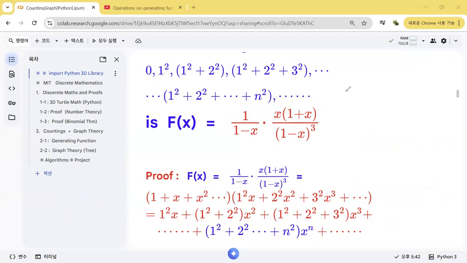So in our previous one, we can get this one is 1 plus 2x plus 3x squared, something like that. We can get it using Taylor series, and also, okay, let's go to this one.